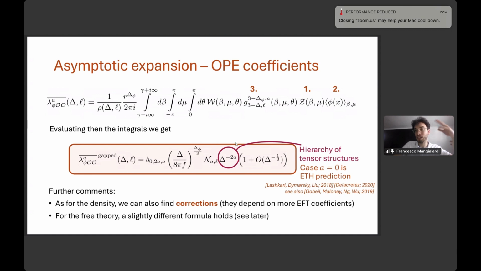So the leading behavior of the OPE coefficient in that basis all goes as our highest scaling, because all the other corrections are somehow hidden inside the other terms that we separate by using this type of basis. I see. So in some sense, the ETH prediction is 0 basically for them.